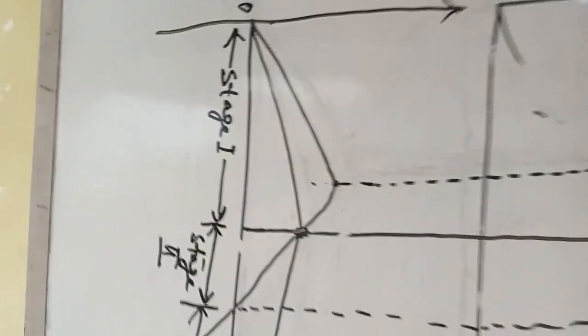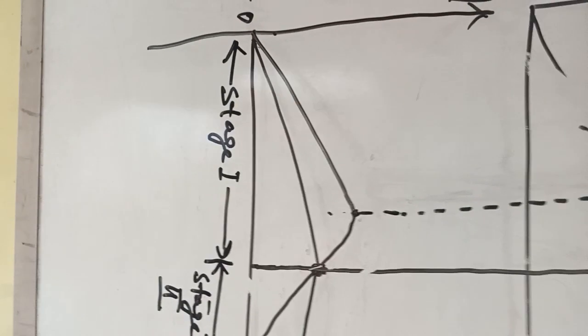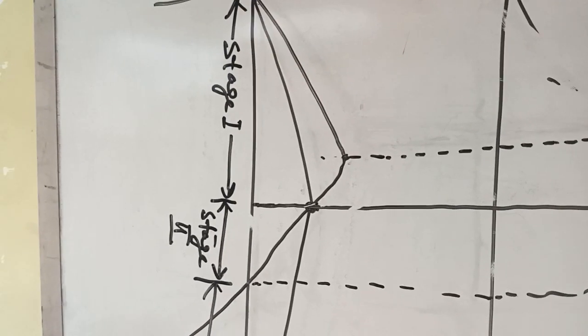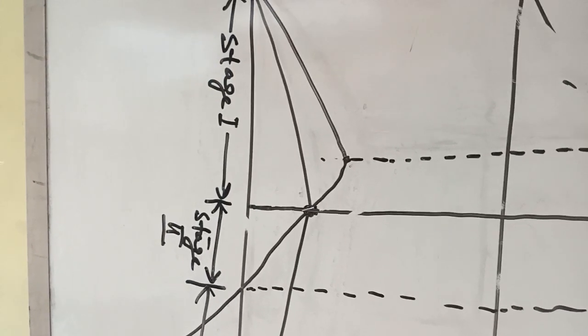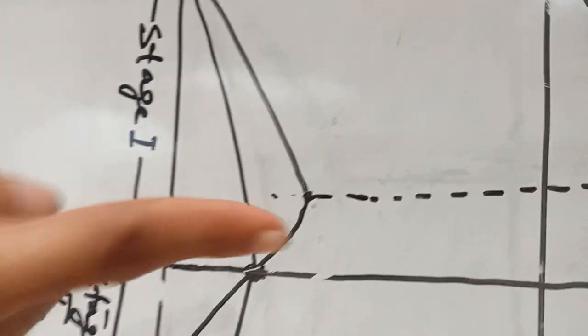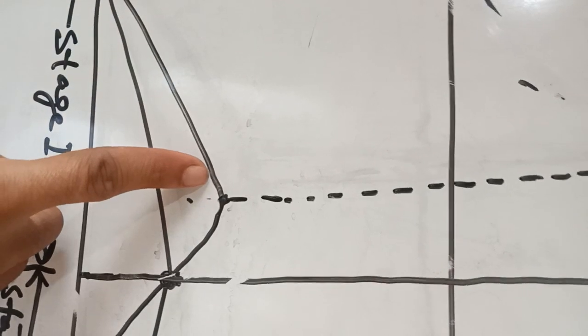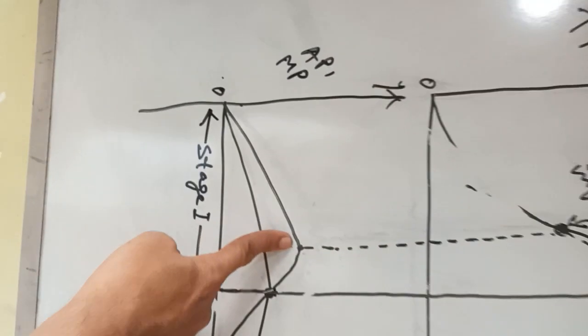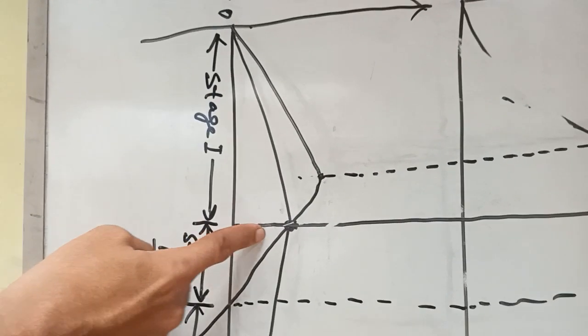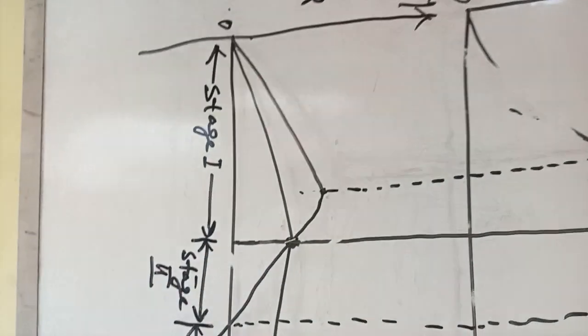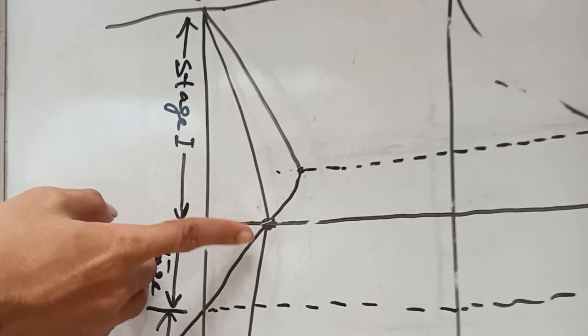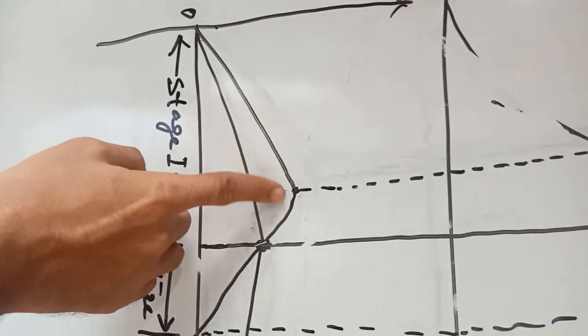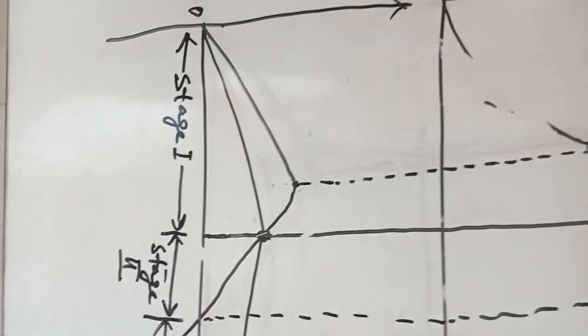Now, what happens? The maximum point of AP comes after the maximum point of MP. This is the maximum point of MP. This is the maximum point of AP. Then the maximum point of AP comes after the maximum point of MP.